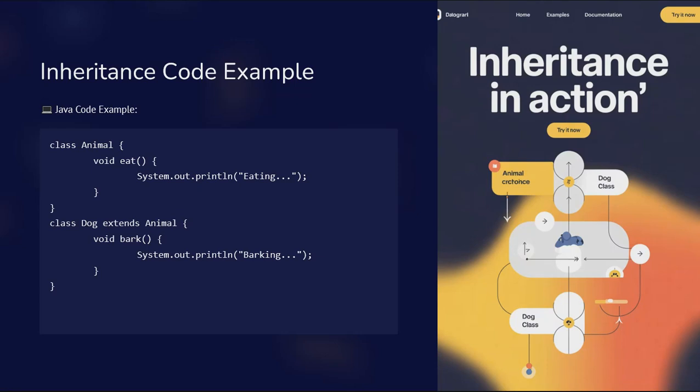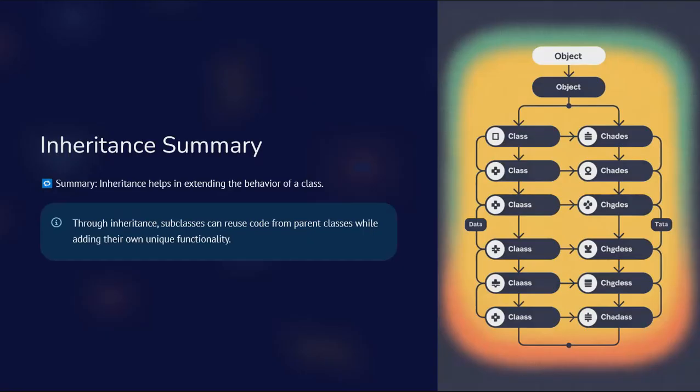You only need to create an object of the Dog class and you can access the properties of the Dog class as well as the Animal class. So the summary: inheritance helps in extending the behavior of a class. Through inheritance, subclasses can reuse code from parent classes while adding their own unique functionality.